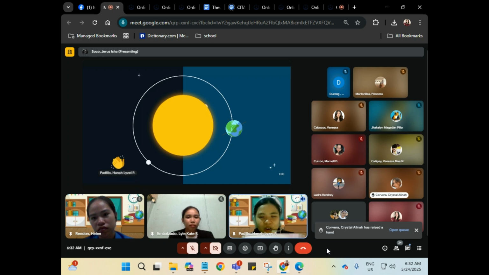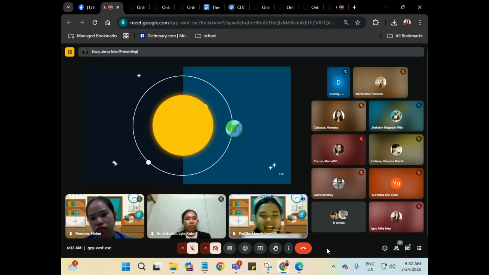Okay. Now, during summer, the part of Earth that is tilted toward the sun receives more direct sunlight. As you can see, the Earth has the light side and the dark side. The light side receives more direct sunlight, which causes hotter temperatures and longer days.